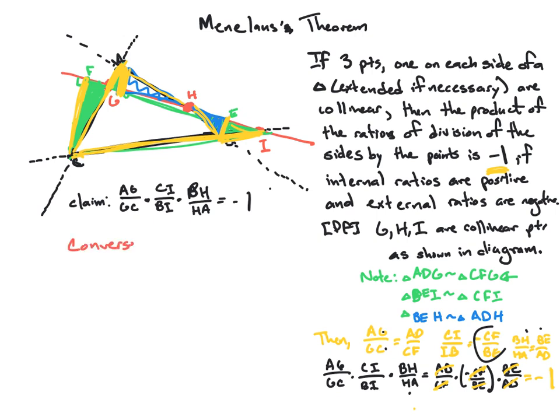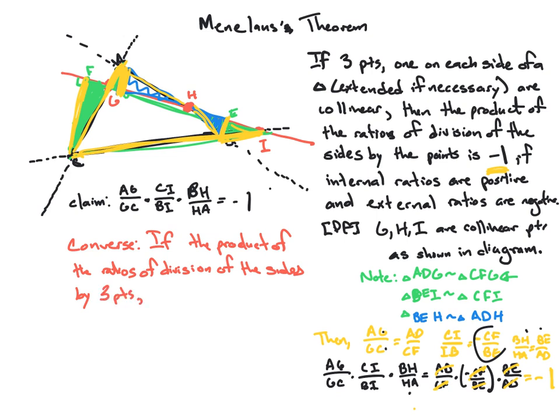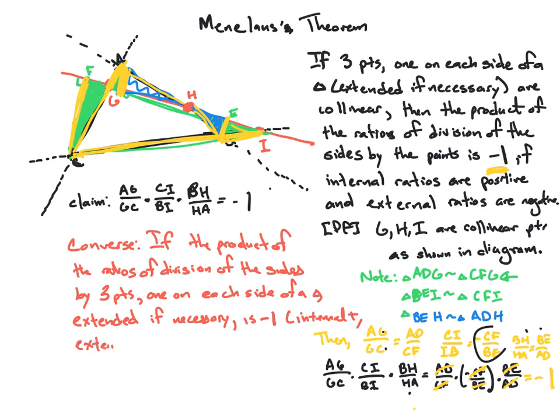The converse is that if the product of the ratios of division of the sides by three points, one on each side of a triangle, extended if necessary, is -1, and this is again internal positive, external negative, then the three points are collinear.